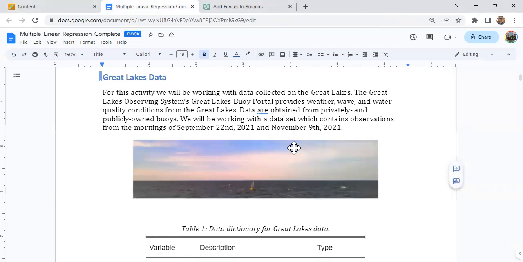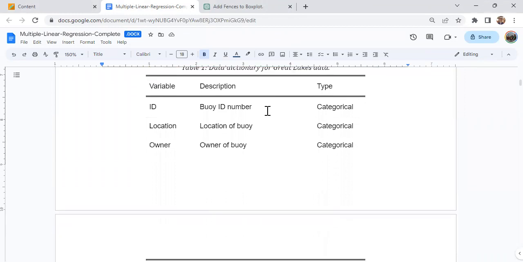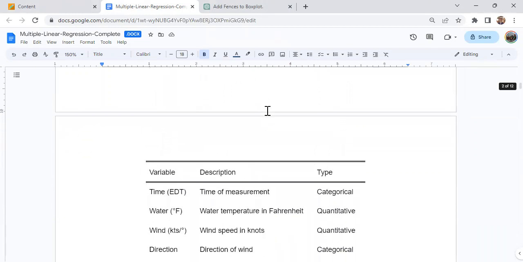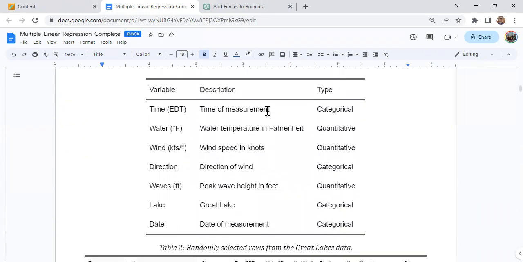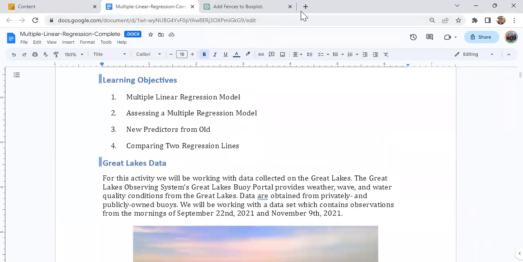So these buoys are owned by a lot of different organizations, but this organization has consolidated and got people to volunteer to give their buoys' data that it's collecting across all these many locations throughout the Great Lakes. So it's a really cool data set. It's a really cool organization.